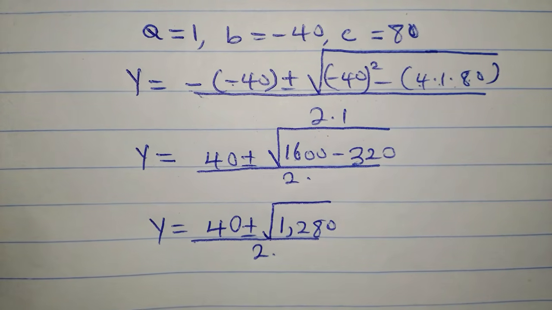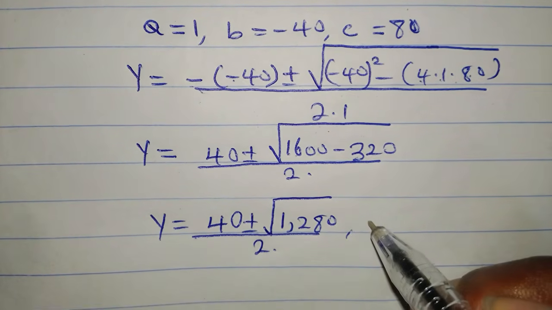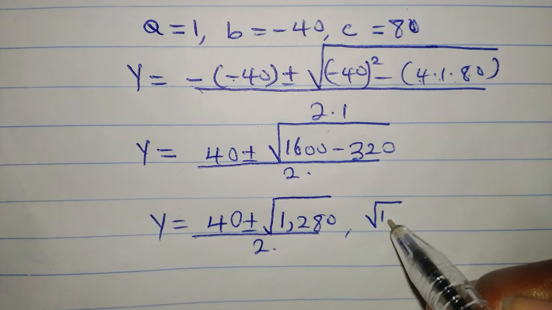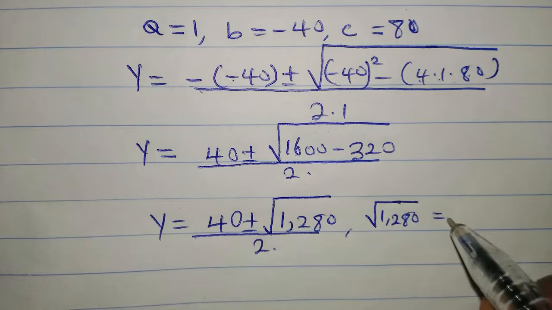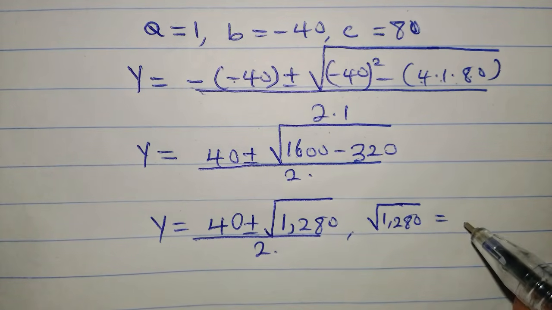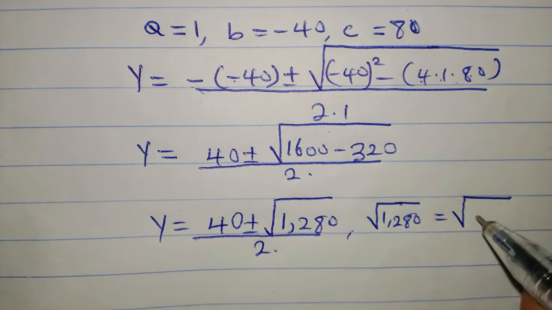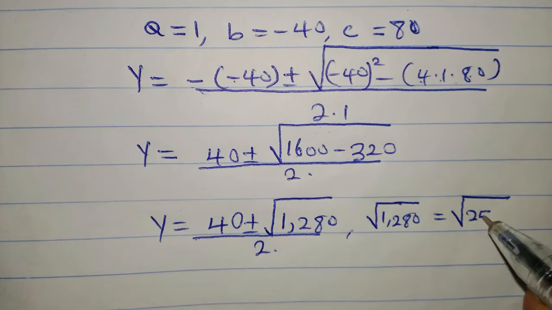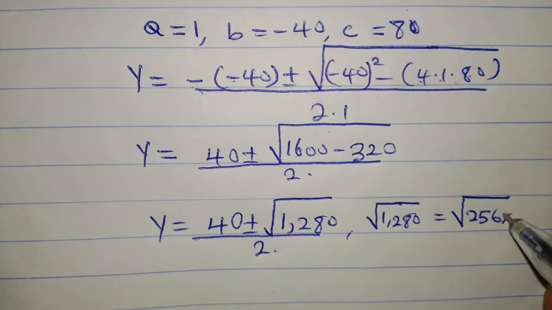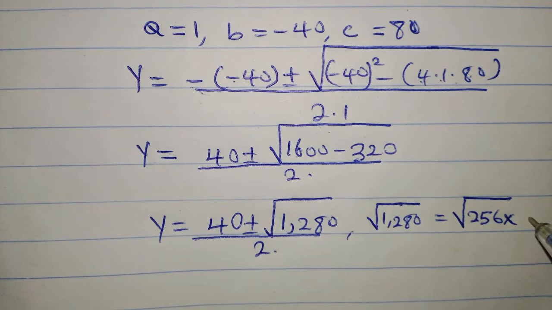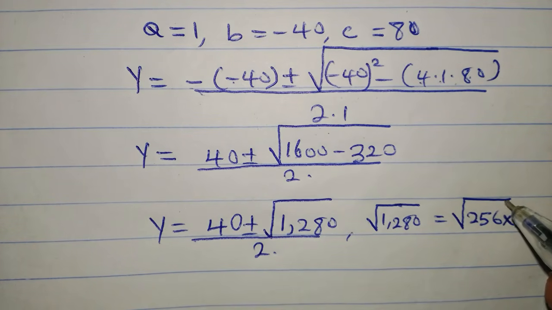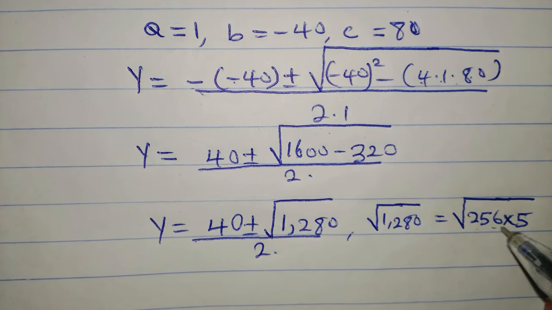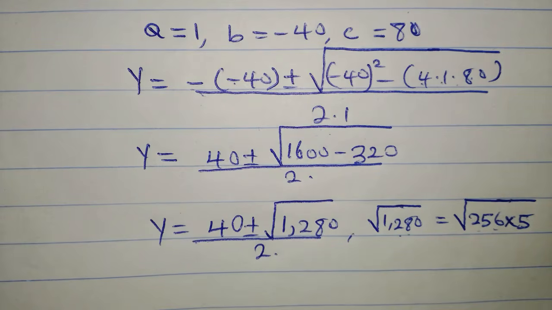So from here we know that the root of 1280 is equal to the root of 256 times 5. 256 times 5 is going to give us 1280.